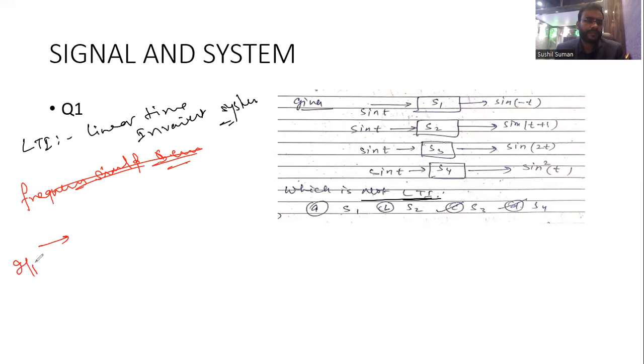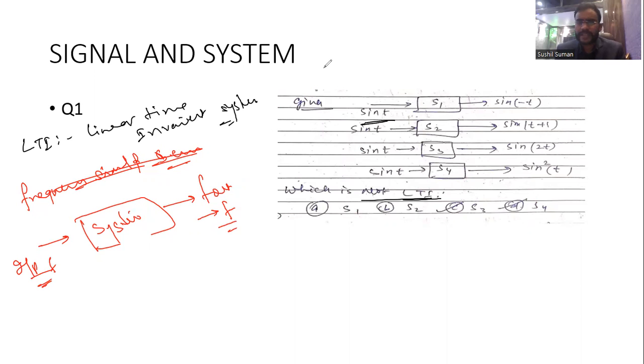If the input frequency is F for any system, then the output frequency should also be F. There is no change in frequency. So sin T becomes sin of minus T, you can write this as minus sin of T. There is no change in frequency, so this is your LTI system.